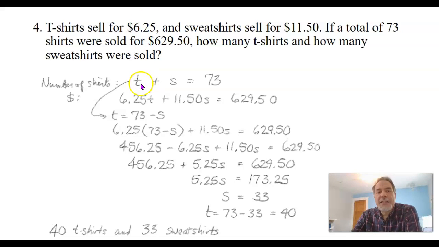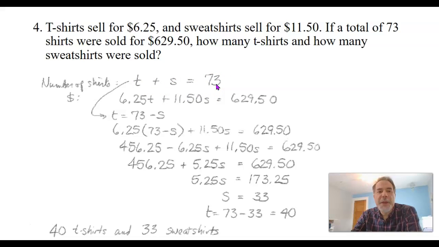So I'm going to let T and S stand for those two unknown numbers: T for the number of T-shirts and S for how many sweatshirts. Since it was a total of 73 shirts, that means that T-shirts plus sweatshirts should equal 73.